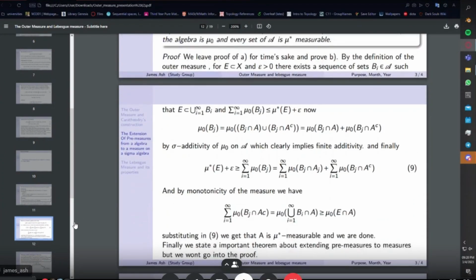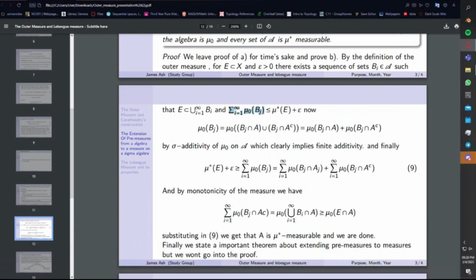Now, starting from this property, we have mu star of E, which is our testing set, is going to be greater than the sum of the measures of Bj. This is here. And now since we proved that the measure of Bj is in fact the sum of these two sets, we just take the sum of them, which is what we did here. Basically we replaced each of these with this and separated the sum.